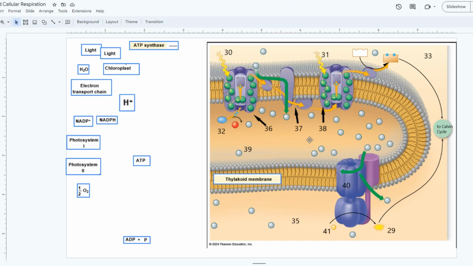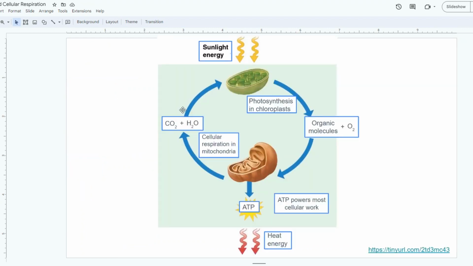And so this is one of those, because you have two structures inside of eukaryotic cells that appear to do opposing things, right? They're like part of the same cycle, but they do this opposite kind of thing. It looks like this one provides what the other one needs, but they're doing it.